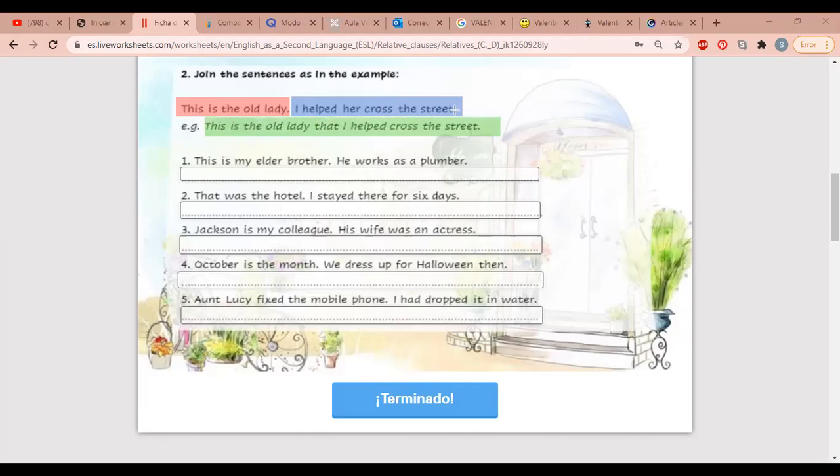Yes, she is the lady that I helped cross the street. Note that instead of this that, who could also be used. Who, because we are referring to a person, right? The old lady. So, this is the old lady who I helped to cross the street. That could also be correct. Okay, so you're going to keep on completing these sentences and making just one.